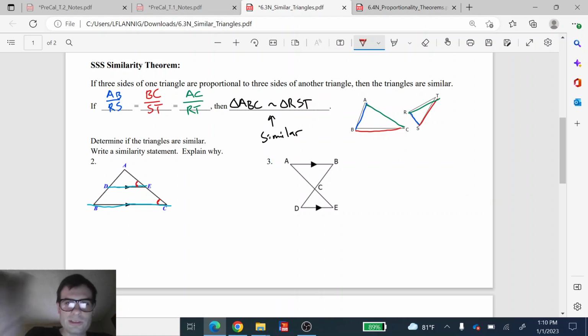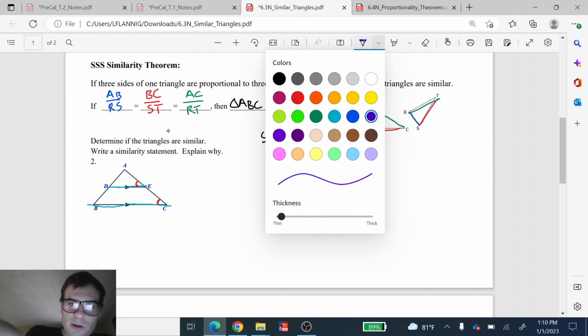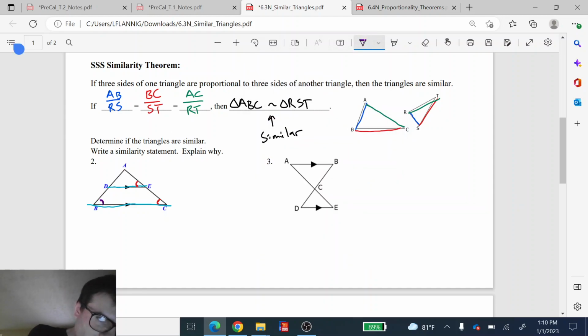Those two red angles are the same. And we can say these purple angles, B and ADE, are also congruent.